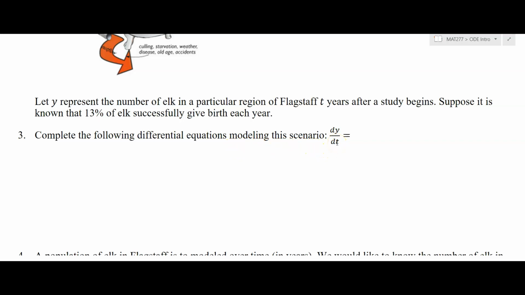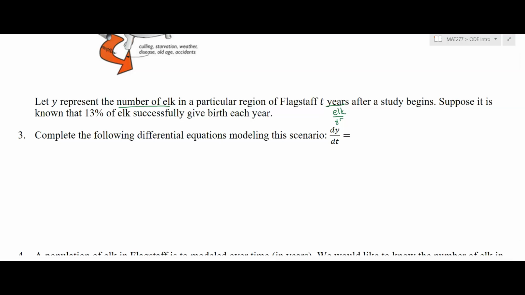So dy/dt is going to be measured, first of all, in elk per year. How do we know that? Well, y is measured in the number of elk. t is measured in years, therefore our rate of change model will be elk per year. So the question we have to ask ourselves is, how many new elk do we expect to have each year?